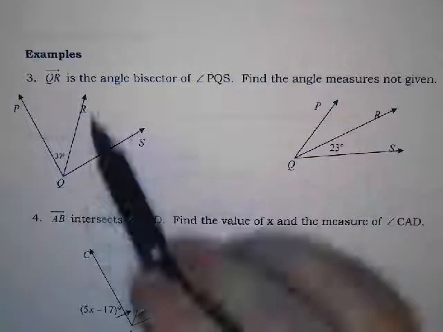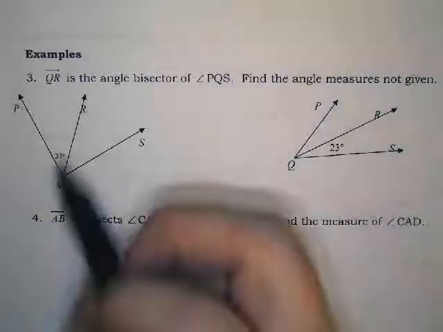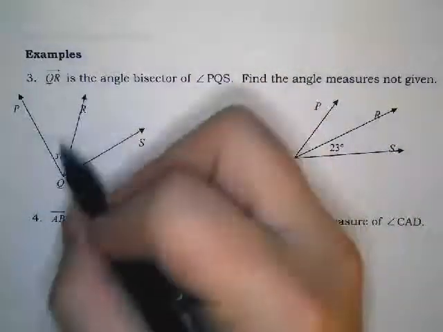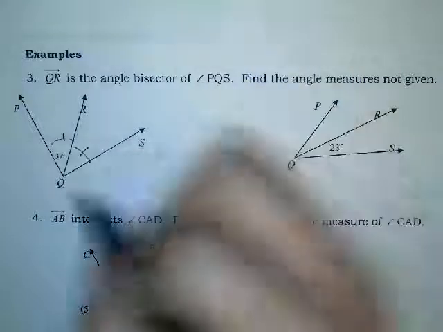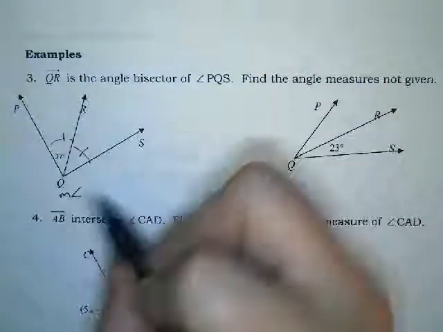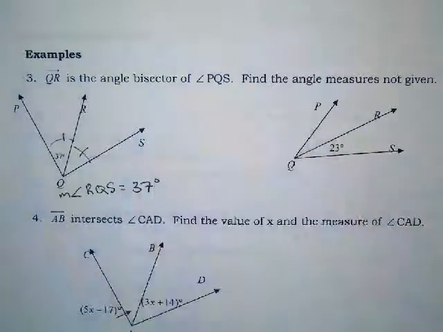So what is RQS going to equal? Well, if PQR is 37 and these two are equal, then we know the measure of angle RQS must equal 37 degrees. They have to be equal to one another.